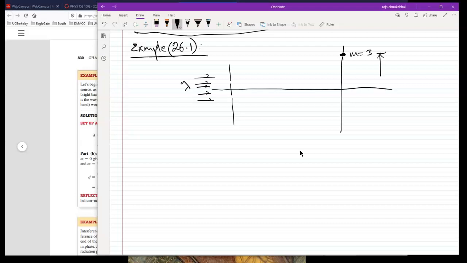And he said the distance here, y sub 3, is 9.49 millimeter. Watch those units, okay? And he wants to know lambda, okay? Now, you need to know whether it's bright or dark because it has a different formula. So this is bright because he said the third bright band, right? So what we do now, we go back to the formula. Let me look it up in my notes.